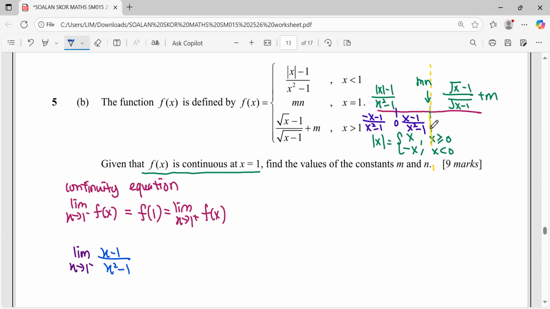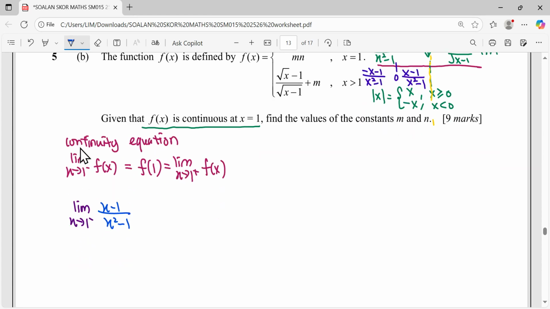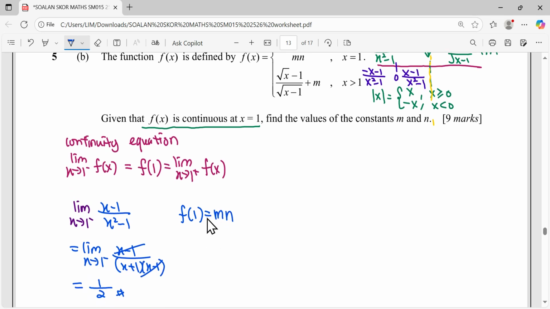We want to get near to 1, so near to 1 will be the positive function. Simplify this. When I substitute 1, I get 0 over 0, the indeterminate form. So we simplify and substitute again, giving 1 over 2. So this is the left hand side limit. Then what is your f(1)? Your coordinate f(1), we know that it equals mn. So later on we do the equation one by one.